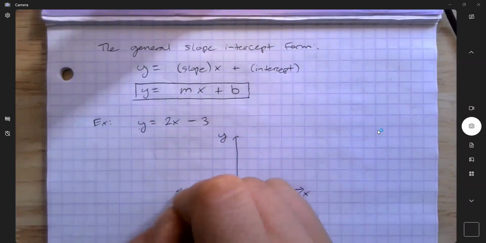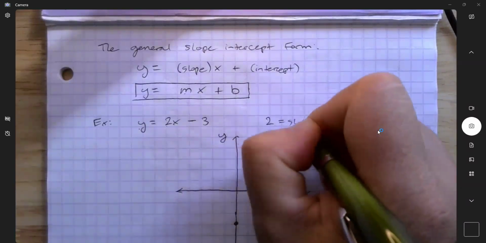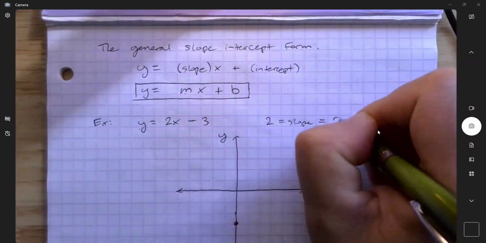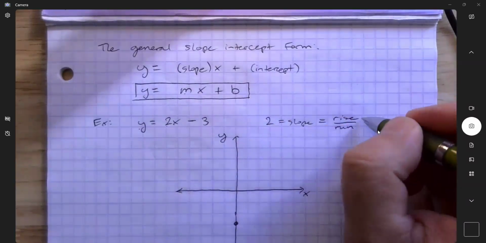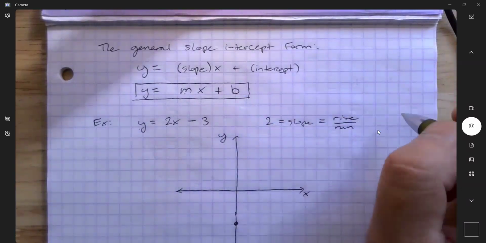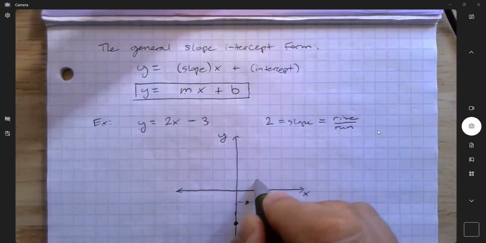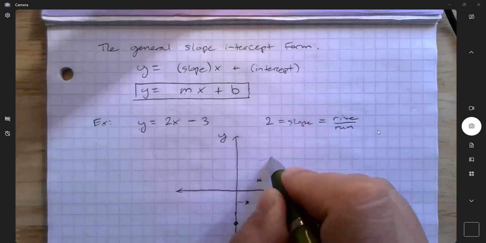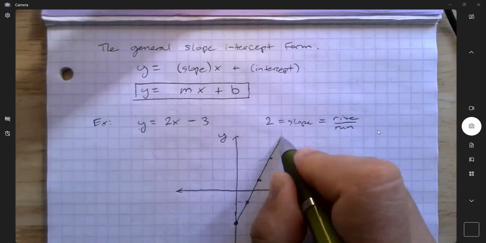Slope is the rise over the run. It's how many units it goes up divided by how many units it goes over. 2 means it goes up 2 units and over 1. Up 2 units and over 1. And so it would connect into a straight line that looks like this.